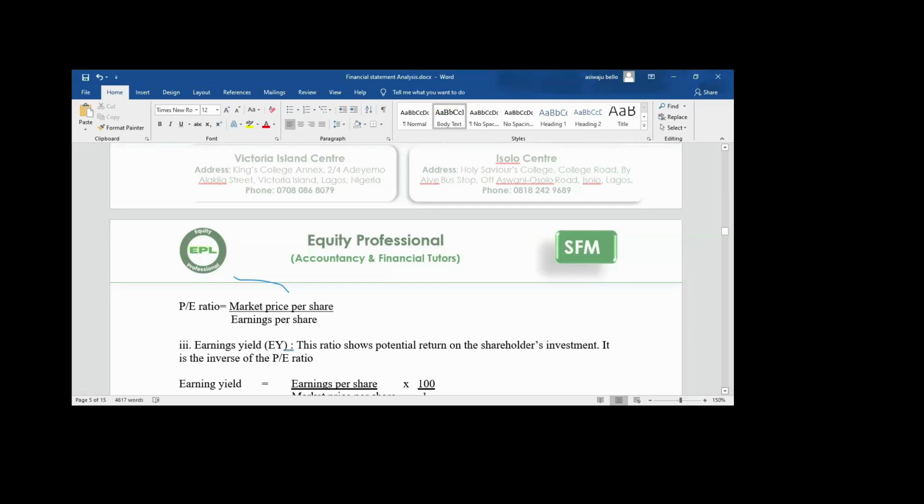Number 3, we have explained earnings per share and price earning ratio. Under investors ratio, we have earnings yield.